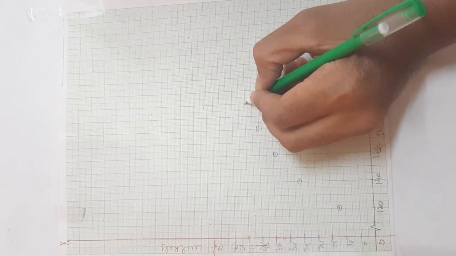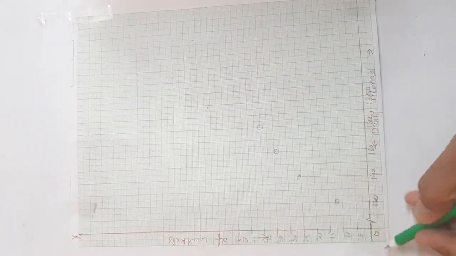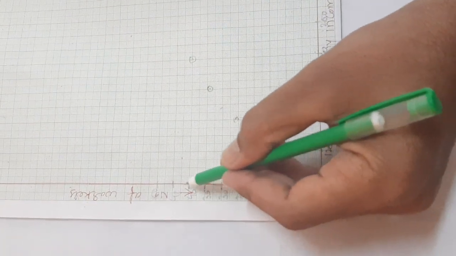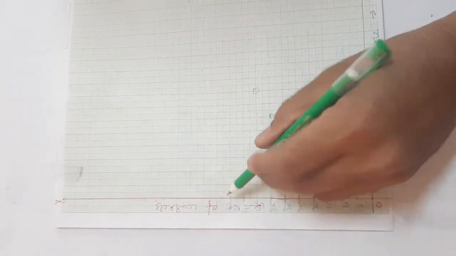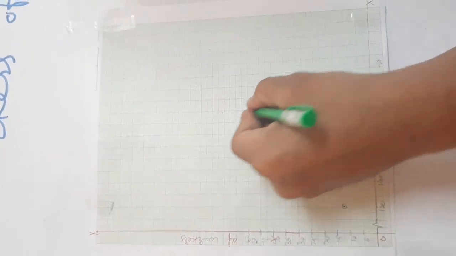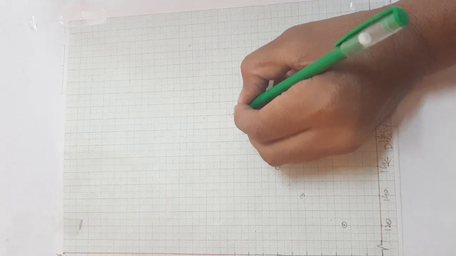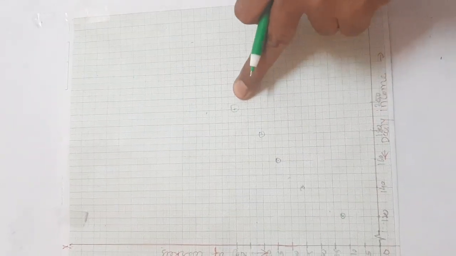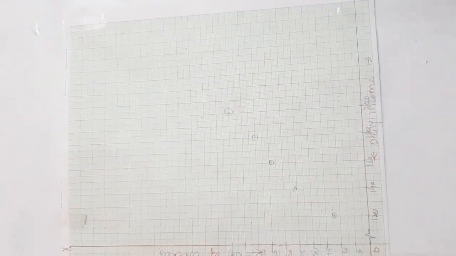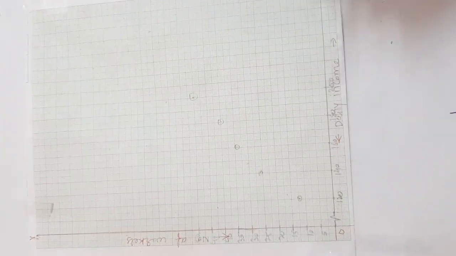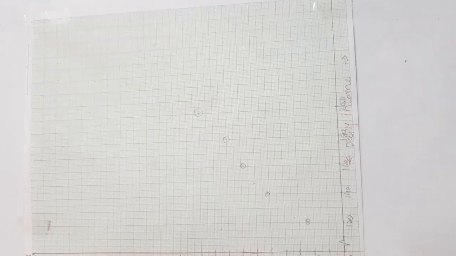200, you can see here, 5, 10, 15, 20, 25, 30, 35, 40, 45 and 50. So it will come here, 200, 50. Now after plotting these points, as I said in the beginning, we have to join them using a free smooth hand curve.